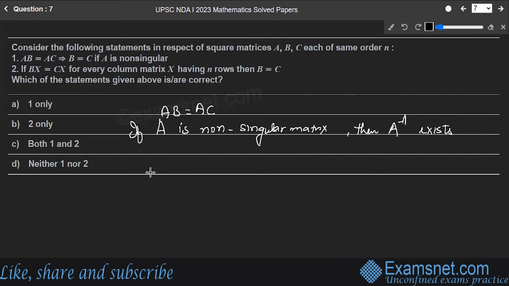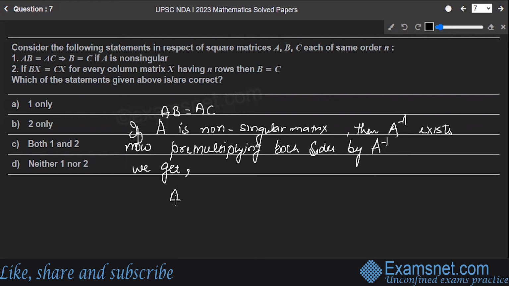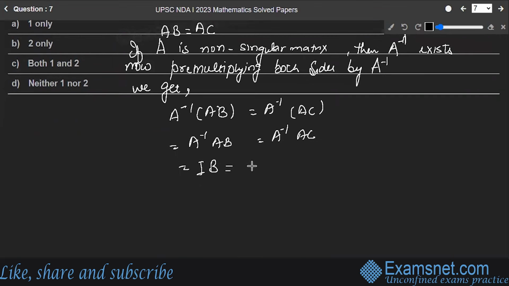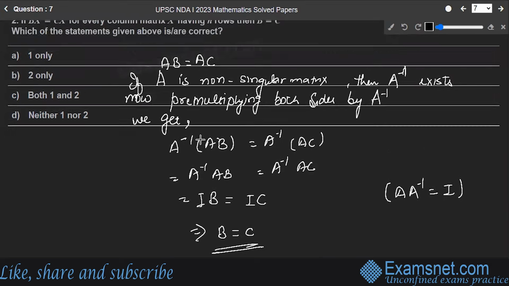Now, pre-multiplying both sides by A inverse, we get A inverse into AB is equal to A inverse into AC, which gives you A inverse into A, which is the identity matrix, into B, equal to identity matrix into C, which simply means B is equal to C. That means statement 1 is true.